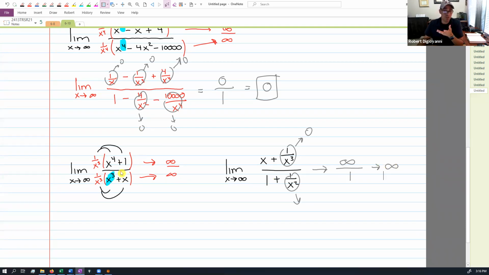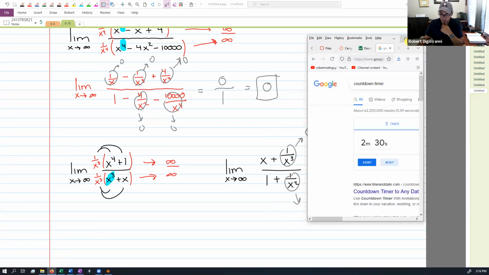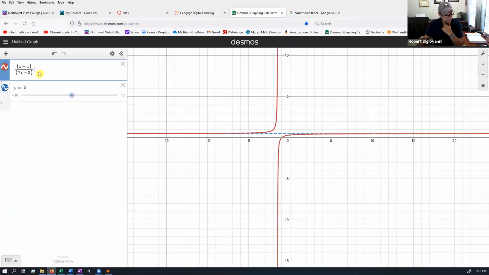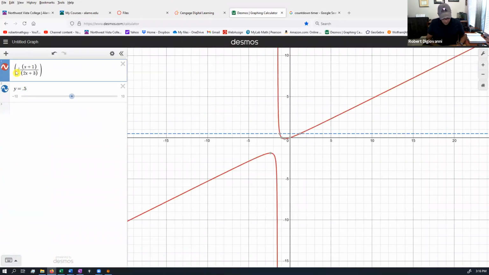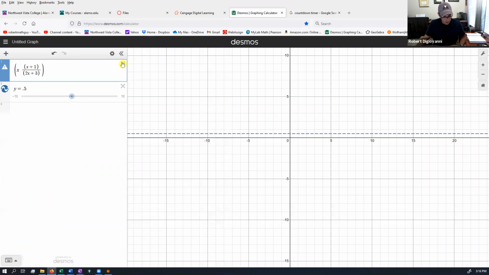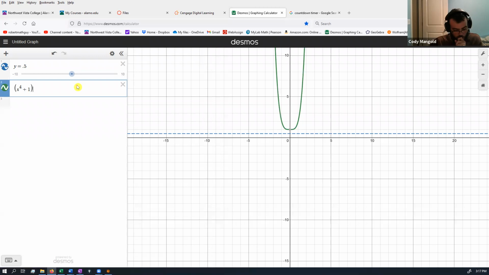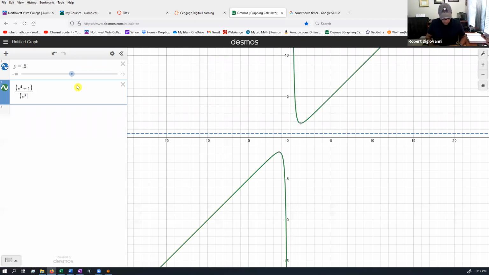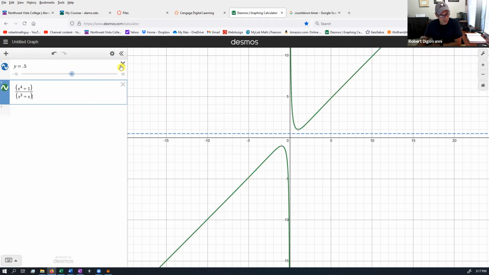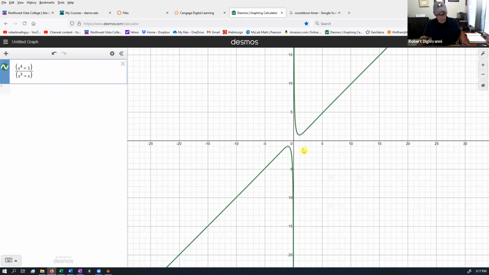So I'm going to graph this just to verify. If we were to take x to the 4th plus 1 and divide that by x cubed plus x, you can see here that as we let x go to infinity, as we start to move out this direction, the graph just takes off to infinity.